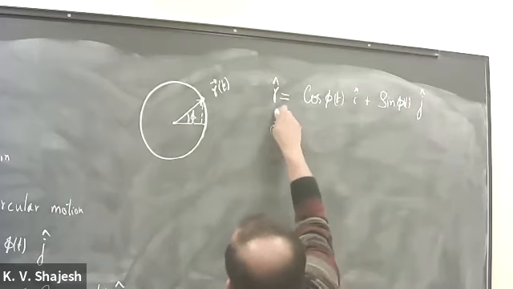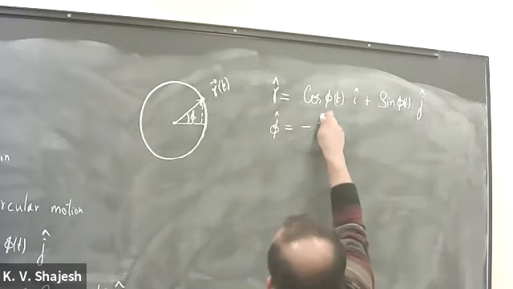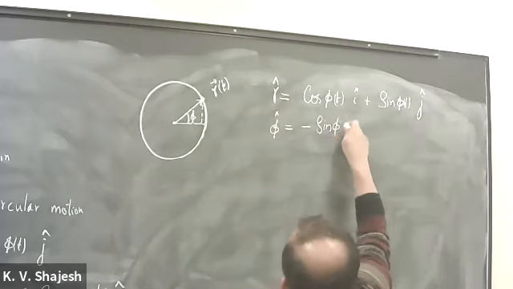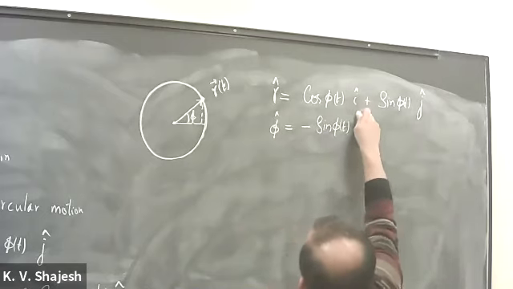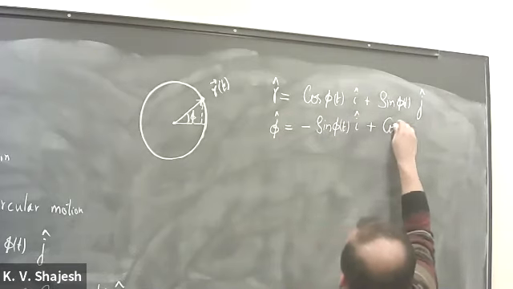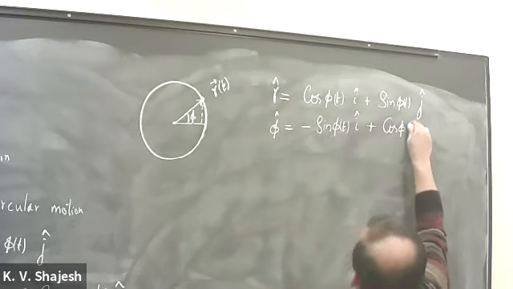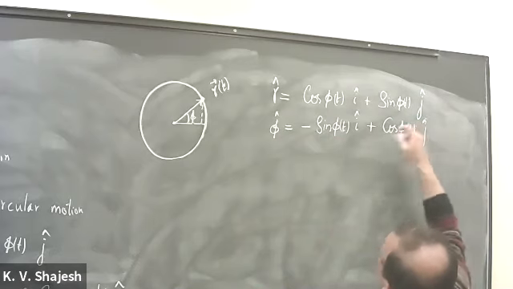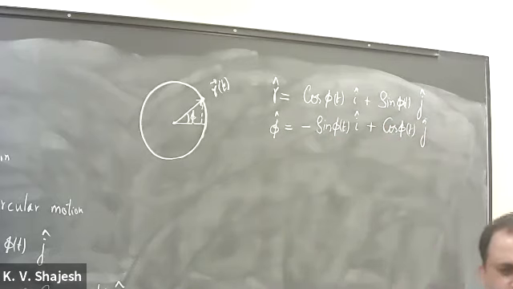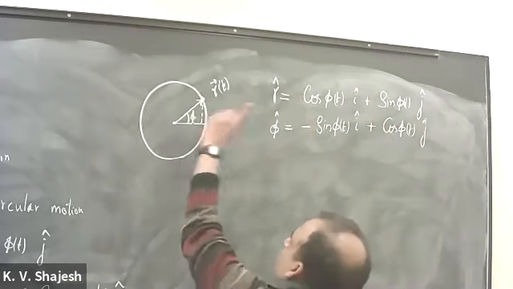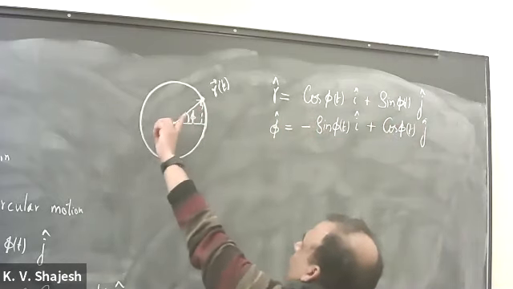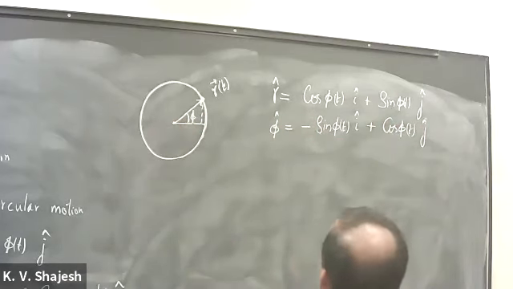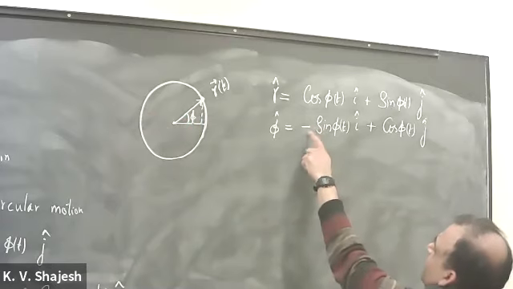But I said phi hat is minus sine phi in the i hat direction plus cosine of phi in the j hat direction. There are time dependencies at each time, but for visualization purposes, fix your time. So that's your fixed r. And what is your phi hat?